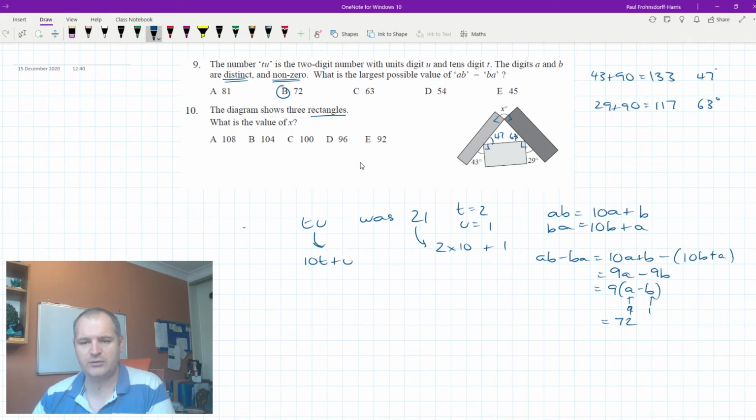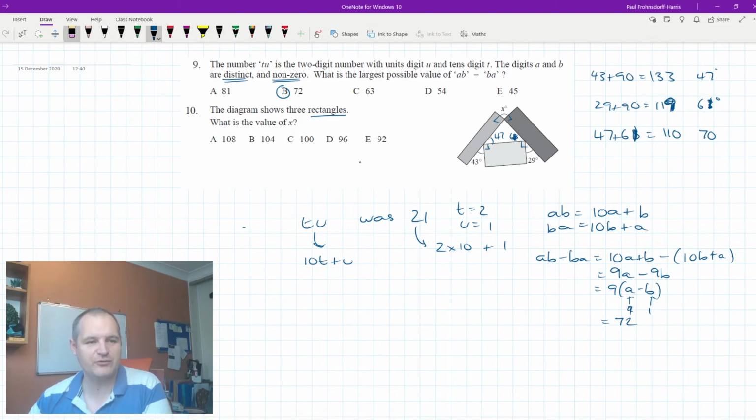Now we've got a triangle, so what's left over from 47 and 63 is 110, leaving 70. First of all, I will make sure that I can add up properly. 29 plus 90 is 119, leaving 61. Let's make sure we can do maths. 61 and 43 is 108.